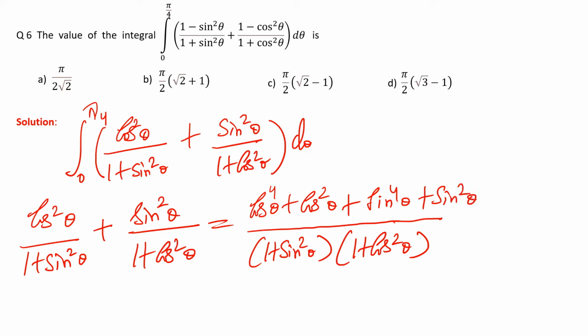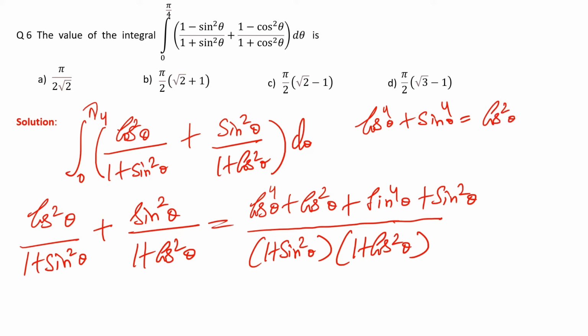Now students, cos square theta plus sin square theta is equal to 1 straight away, and for the terms cos theta power 4 plus sin theta power 4, we can break it as cos square square plus sin square square.